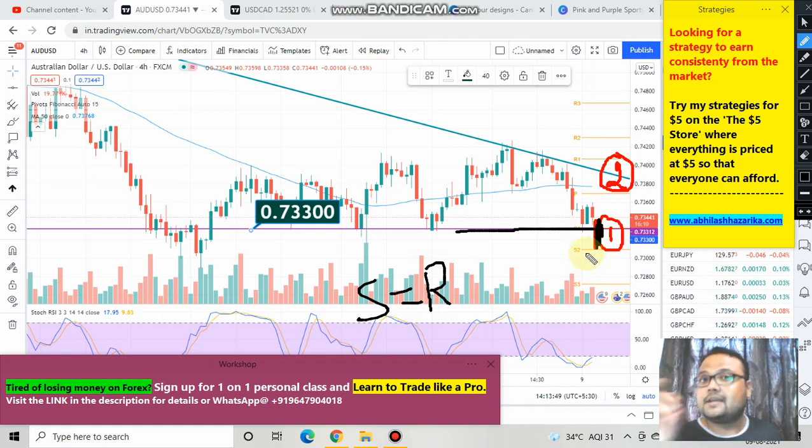But yes, you'll have to wait for 4 to 6 hours because support must be converted into resistance, then only you can short the market. But right now, looking at the present chart, it looks like the market will be bouncing from the support only. So these are the trading opportunities for you in the chart of AUD USD right now.